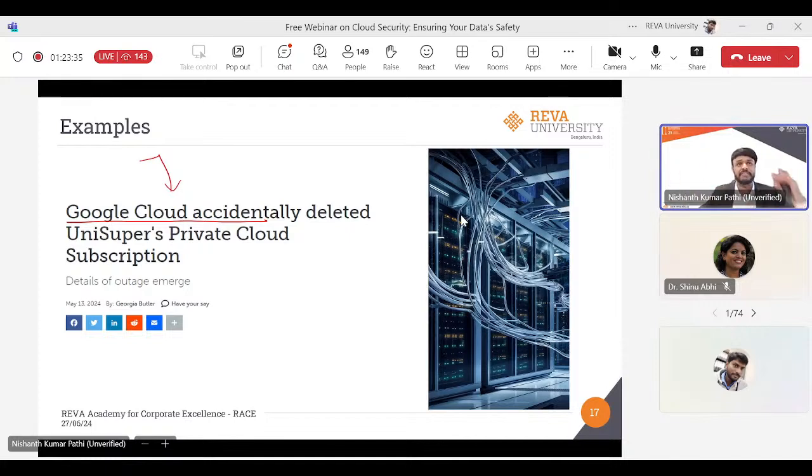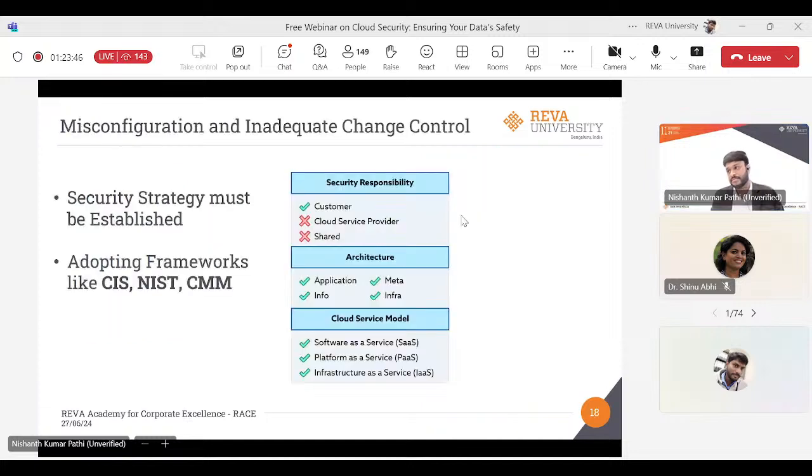We need to understand that when the subscription itself is deleted, it doesn't matter if you have 20 copies or 30 copies, all of them get deleted because all of them are linked to your subscription. That's something very important to take care of. That's why we ask you to have a multi-cloud strategy and solutions which can handle your data across multi-cloud, and adopting frameworks like CIS, NIST, and cloud maturity metrics will help you assess these kinds of strategy issues.